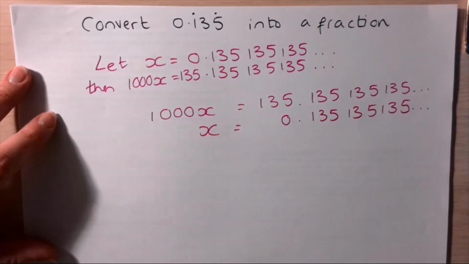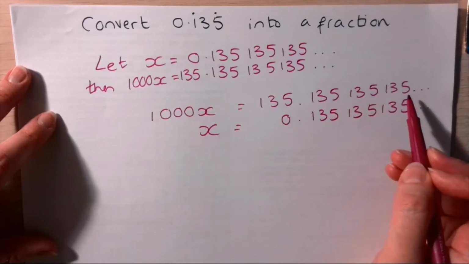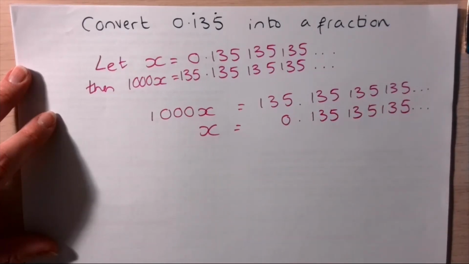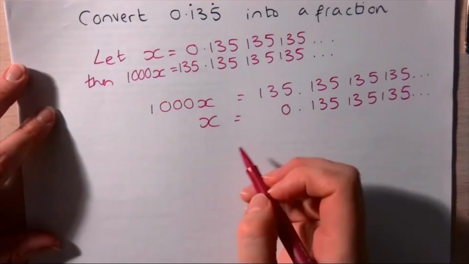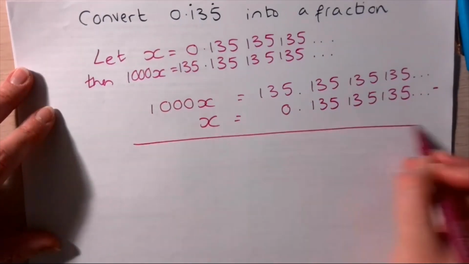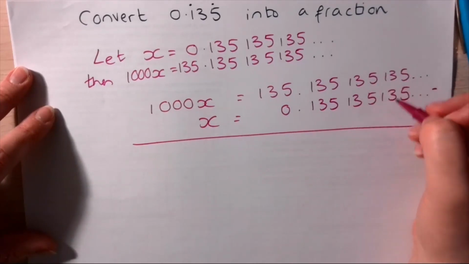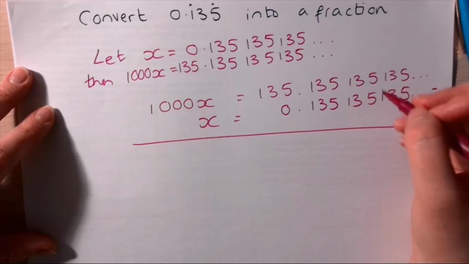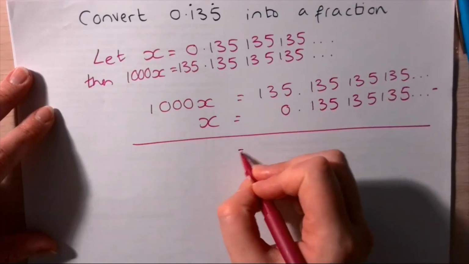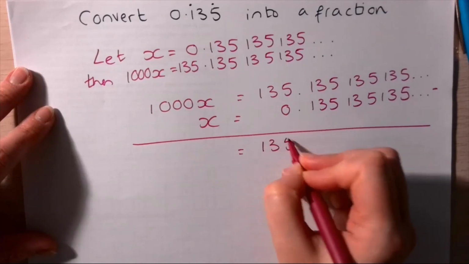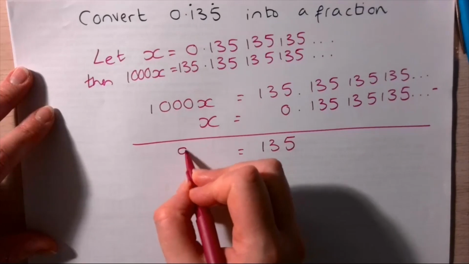As I said before, I'm not writing these to any kind of accuracy, I'm just writing it so it's long enough to see the pattern there. These are recurring, so they go on forever. And then we're going to do that as a subtraction. So as you can see, these all subtract down to give 0: 5 subtract 5, 3 subtract 3, 1 subtract 1, etc. And 135 subtract 0 is 135. And then on this side we've got 1000x subtract x, which is 99x.